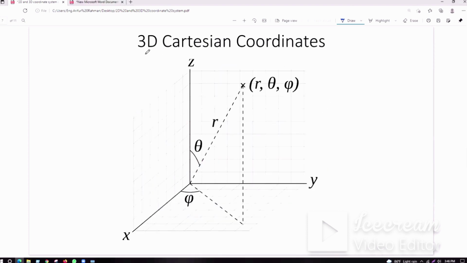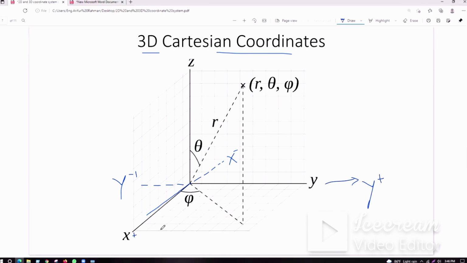Let's talk now about the three-dimensional Cartesian coordinate system. As the name says, we have 3 dimensions, 3 axes in this system. That's the positive direction of y-axis, and the negative direction here is the negative direction of y-axis, and that's the positive direction of x-axis, and that is the negative direction of x-axis.